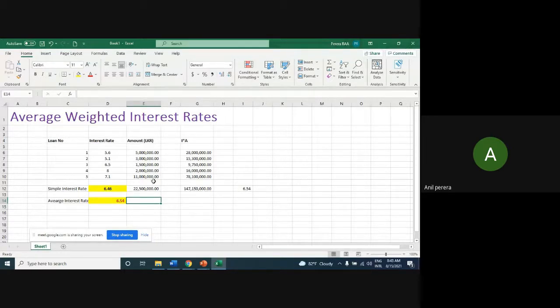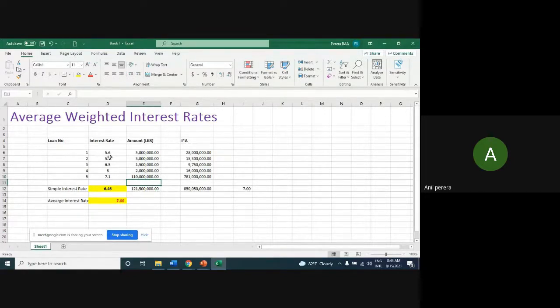Now if I reduce this 11 million to 1, you will see the weighted average coming down, to 6.90 now. If you increase this 11 million, let's say to 110 million, your weighted average goes further up.